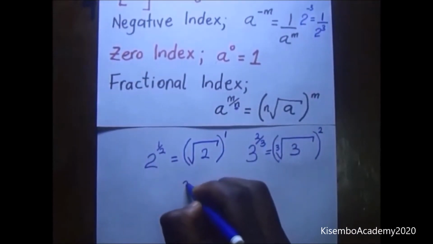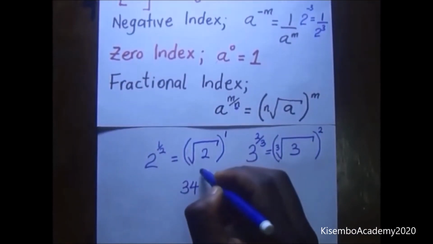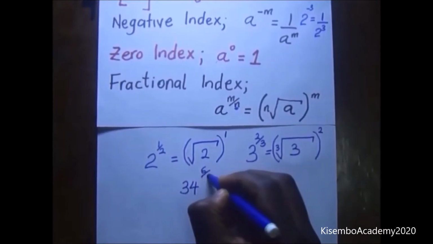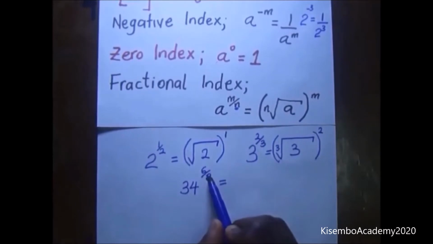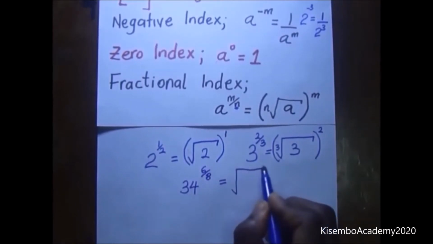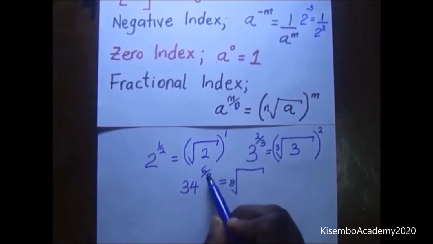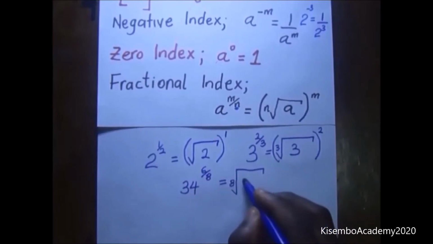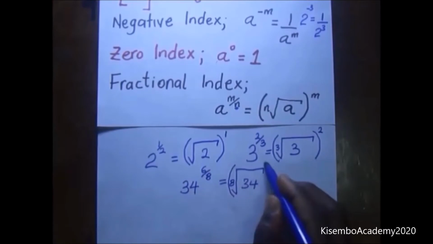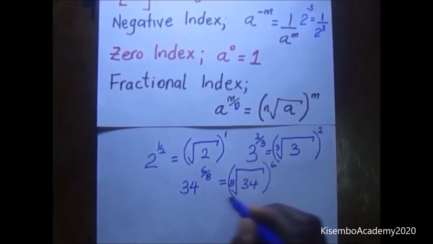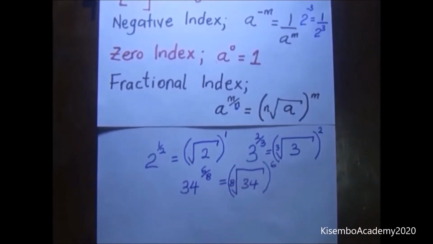If you have 34 to the power 6 over 8, this is going to mean it's now the 8th root of 34, but all this is to the power 6. Like that. That is how we deal with the fractional index.